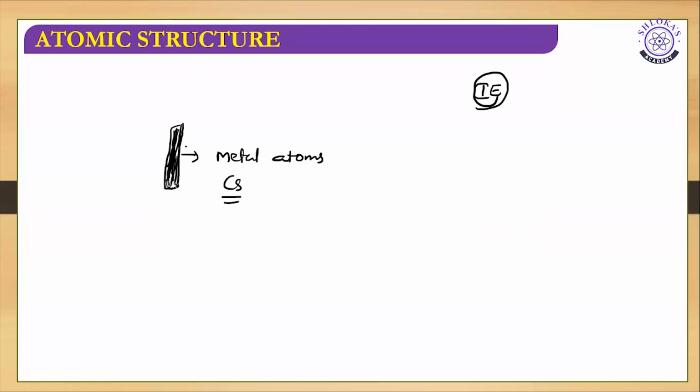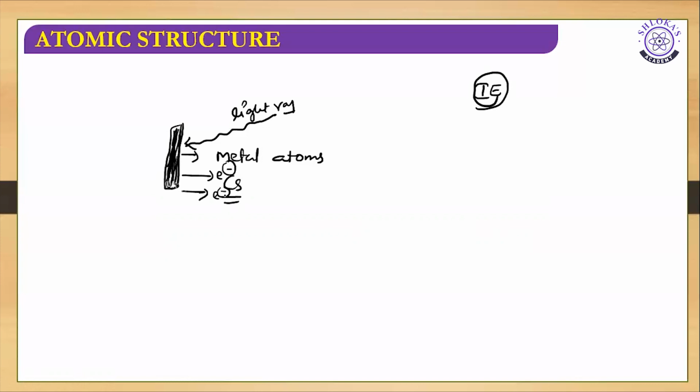But when a beam of light rays, a group of light rays, is allowed to touch the surface of the cesium metal, here we are giving energy in the form of light energy. When these light rays strike the surface of the cesium metal, it ejects the electrons out.